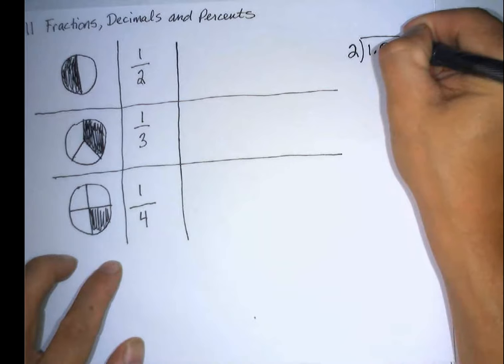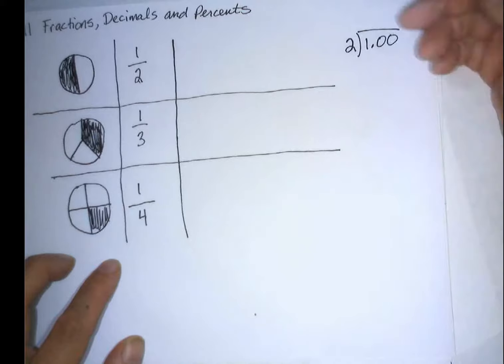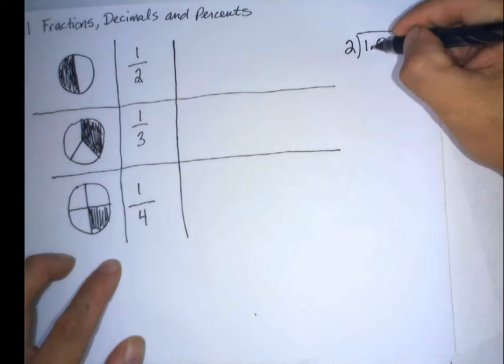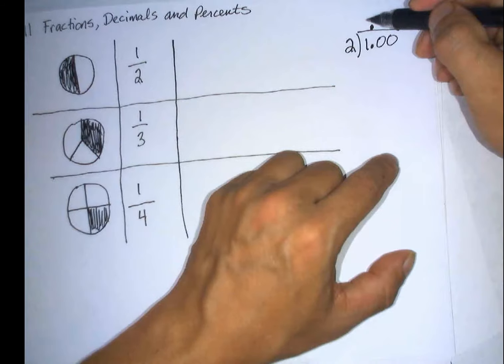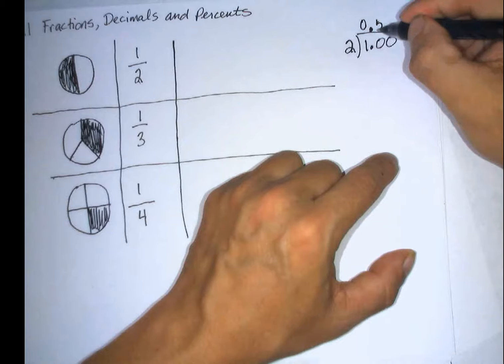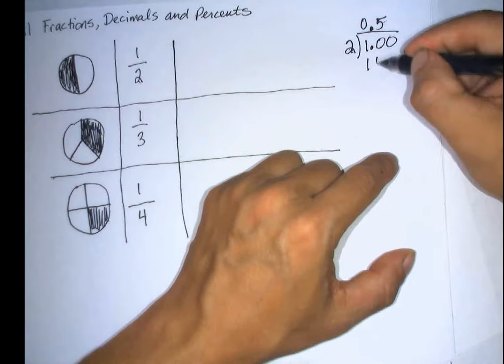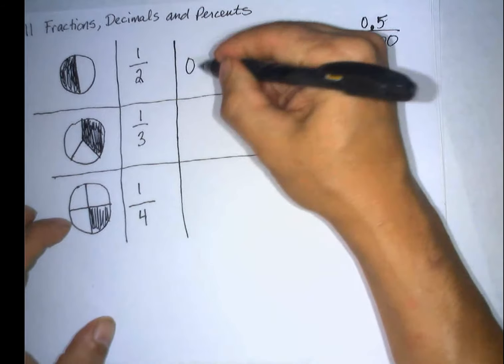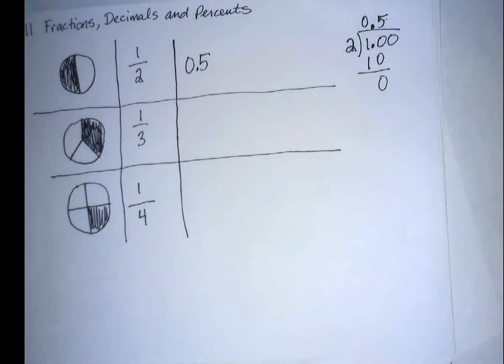So 2 is dividing into 1, and we divided decimals already in the review, so we know that we just put the decimal point just above where it's at. And 2 does not go into 1, but it does go into 10 5 times. And 2 times 5 is 10, and we can see that the decimal form of 1/2 is 0.5. So that's the decimal.